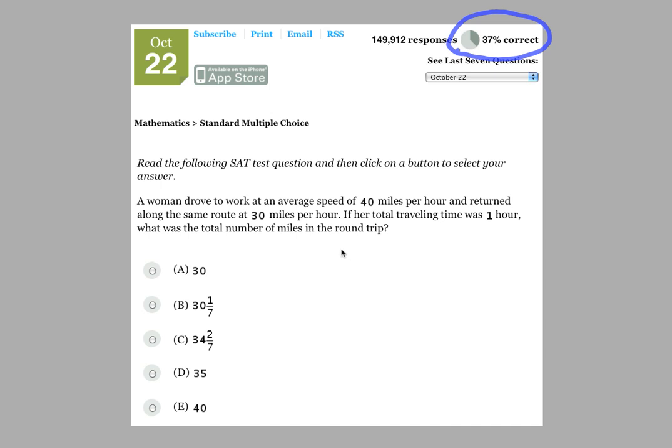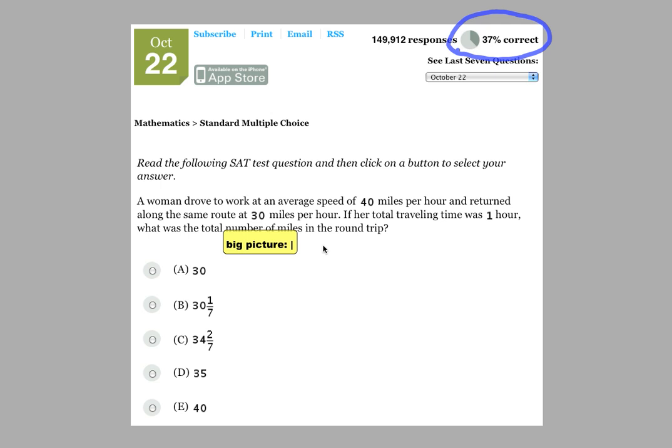Well, first of all, let's think of the big picture here, and the common mistake that students often make. You can't assume that the average speed traveled to be the average of the two speeds. A lot of people think, well, if you go 40 miles an hour on the way there, 30 miles an hour on the way back, then you're averaging 35 miles an hour, right?